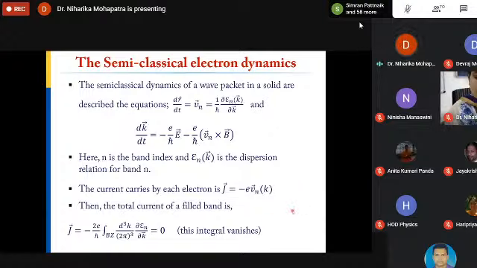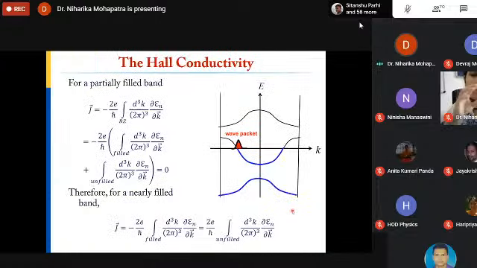Now, suppose we have unfilled bands, so some of the levels are filled and some of the levels are empty. What do we do for the entire one? If we take the total Brillouin zone, the filled band as well as the unfilled band, this will be 0. That implies that the addition of these two gives you 0.